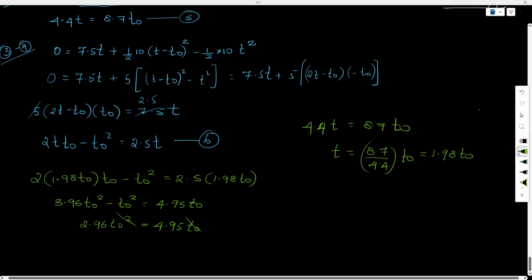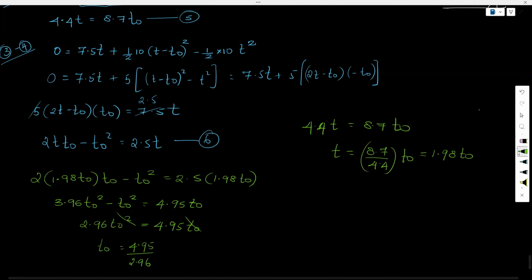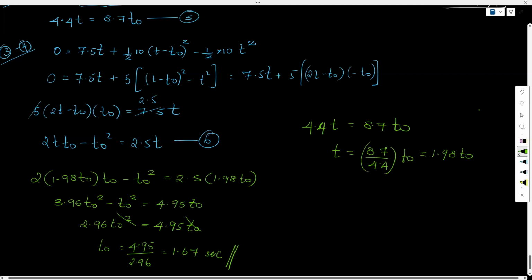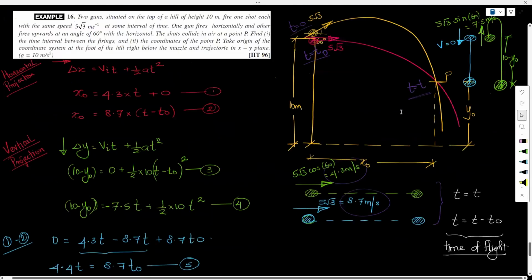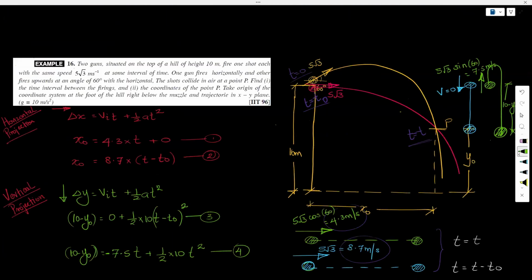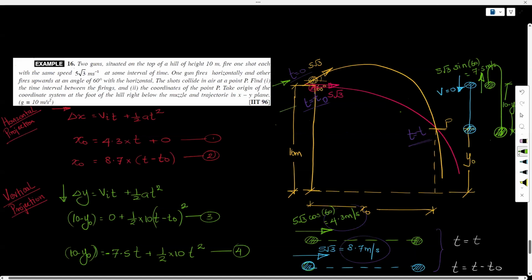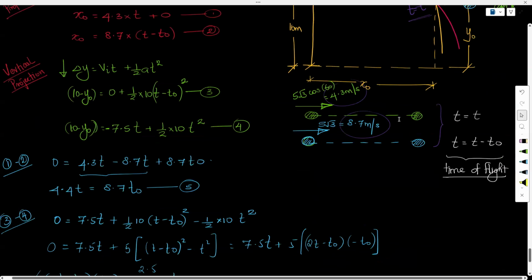So what is t naught? t naught is going to be 4.95 divided by 2.96, which is 1.67, yes. So if we go back to the problem, t naught is the time difference between the first particle and the second particle that has been thrown, which is 1.67.